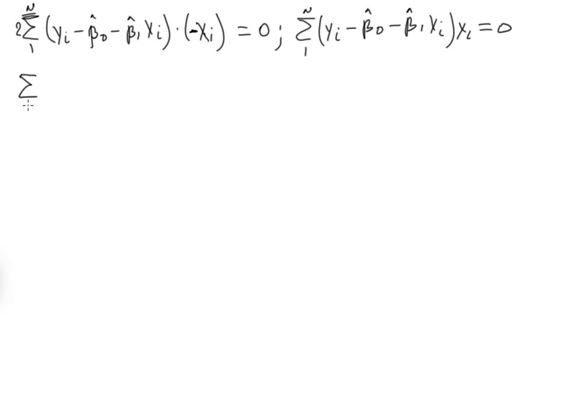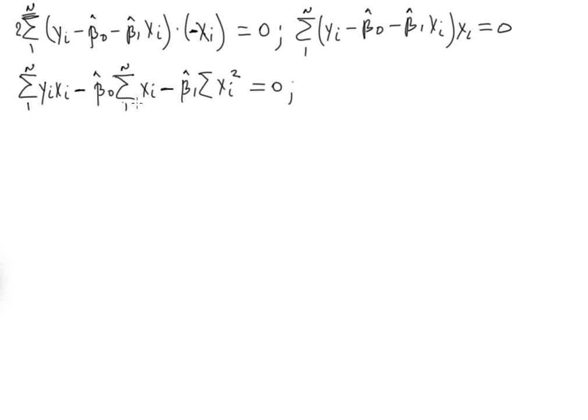This would give us the sum from 1 to n of yi xi minus, now beta 0 is a constant, so it's before the summation sign, the sum of xi. Notice that I'm multiplying in the xi's and at the same time using the distributive rule of summation. Beta 1 hat is a constant as well. We'll have now xi, so there are two xi's, and when you multiply them, this would be squared. That's the result.